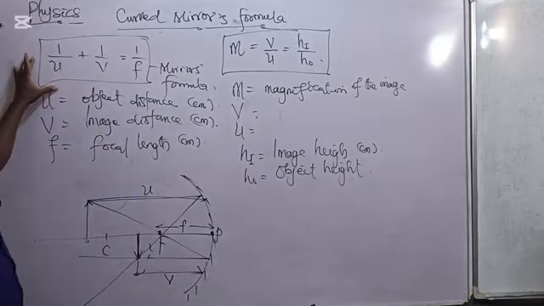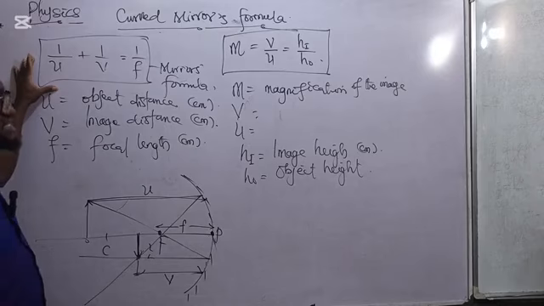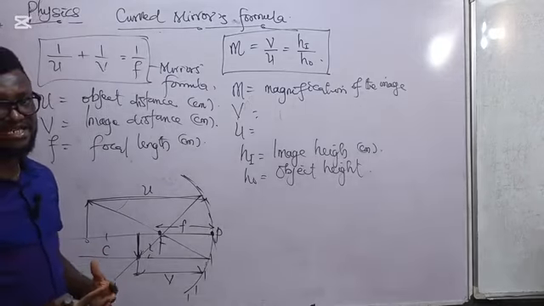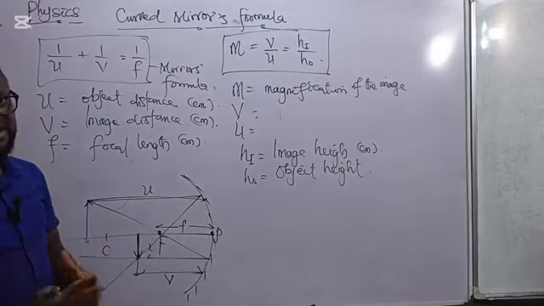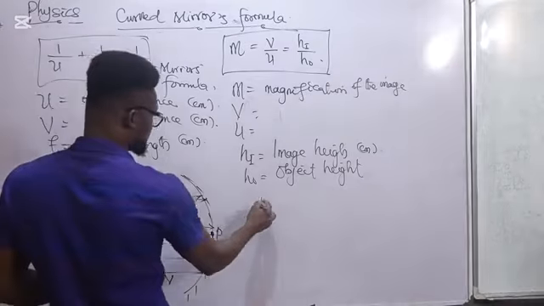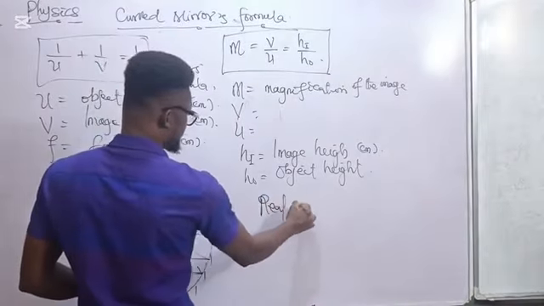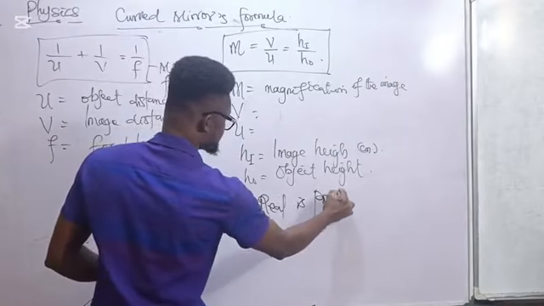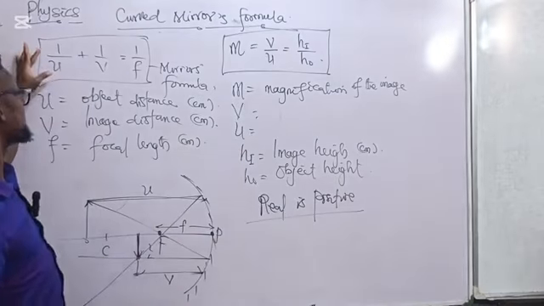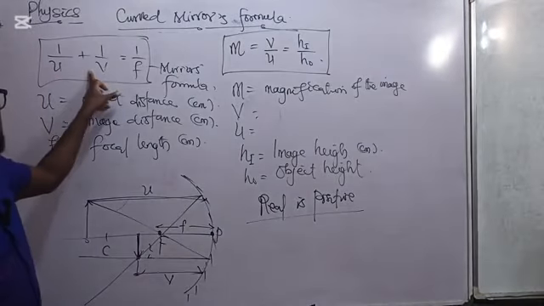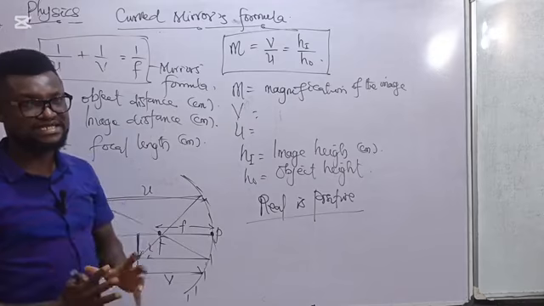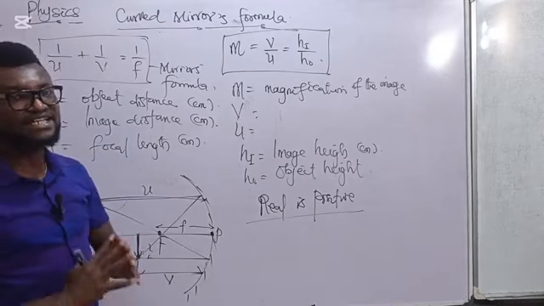Then in using this very Mirror's formula, there is a convention we normally consider. We have the Cartesian system, but here we are going to consider real is positive in using the formula. Applying it to this formula implies any quantity that is real, you assign it positive.